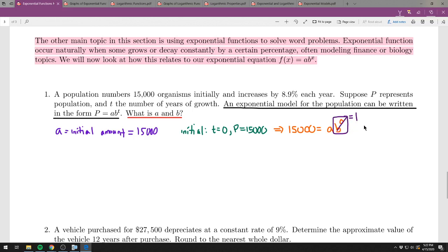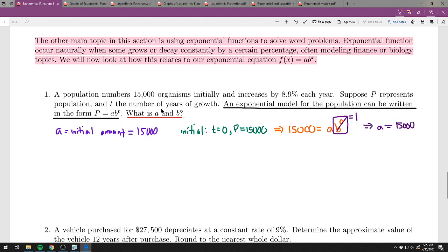So it goes away, and we get A equals 15,000. I think it's something that's definitely worth understanding, but it's also a very, very useful shortcut to realize that A in this type of formula represents the initial amount. It's like how when you have y equals mx plus b and you know b is the y-intercept. If you're given the y-intercept in a problem, you just plug it in. You don't try to necessarily figure it out.